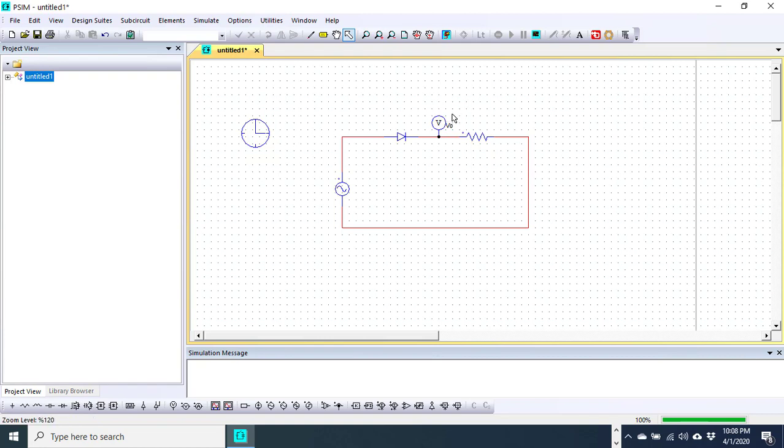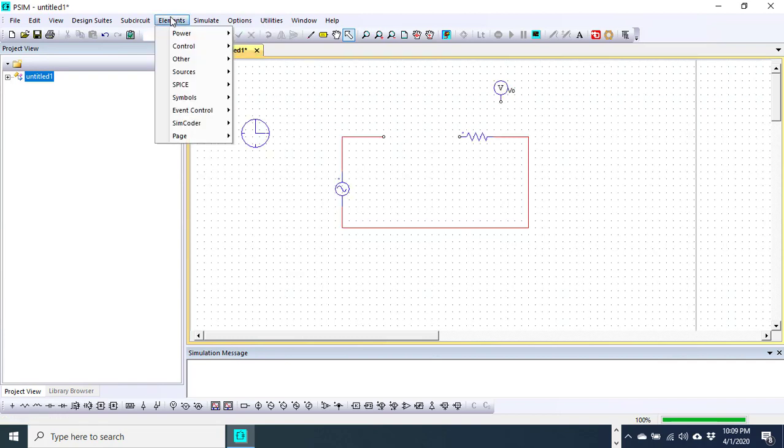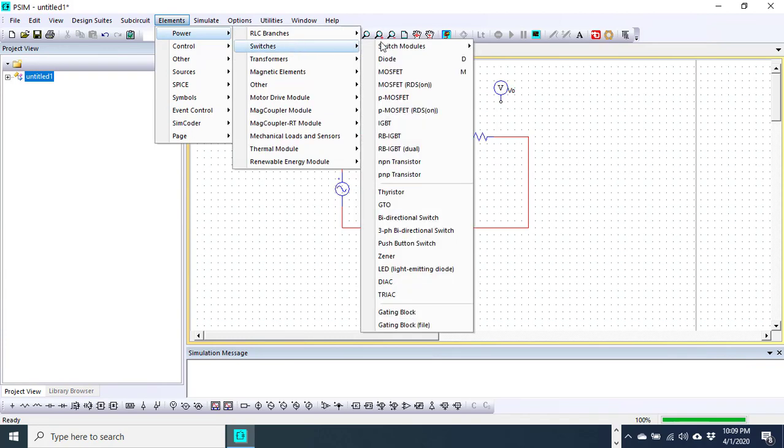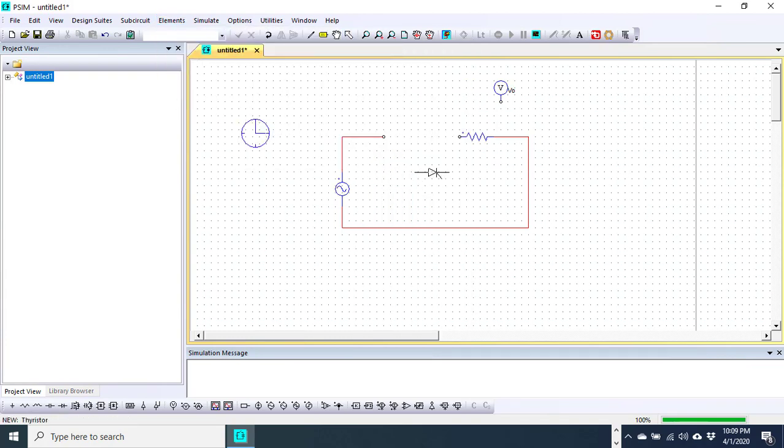Okay, so now I'm going to change the simulation. From here I have to delete this, and then this. Now I'm going to pick the thyristor SCR, and I'm going to connect the load over there.